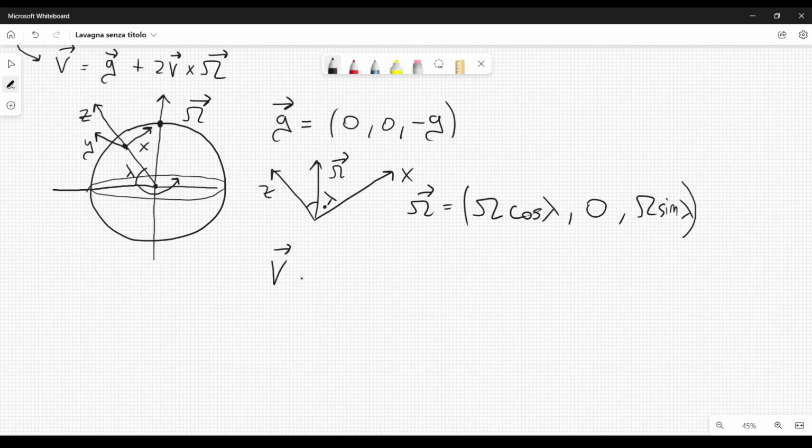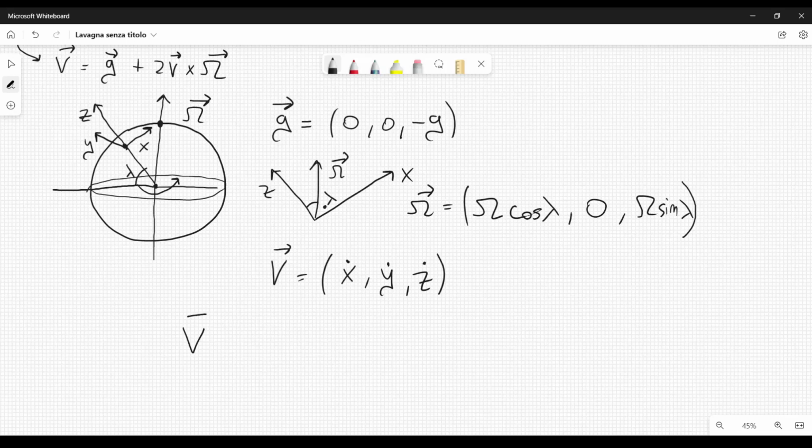Our velocity v has three components, vx, vy, vz, or if you want, we can call them x dot, y dot, z dot. So they are the derivatives of the three coordinates x, y, z with respect to time.